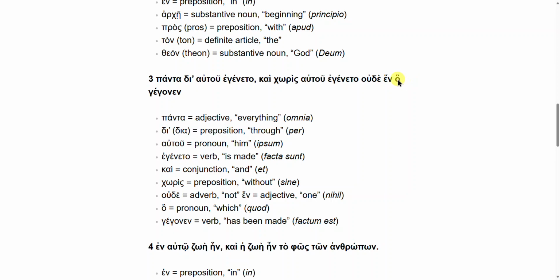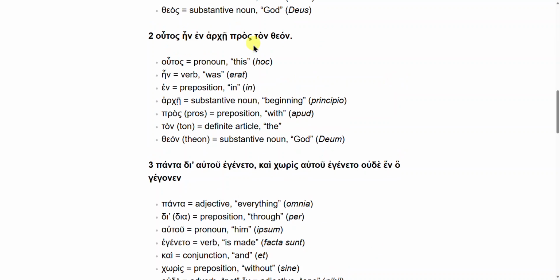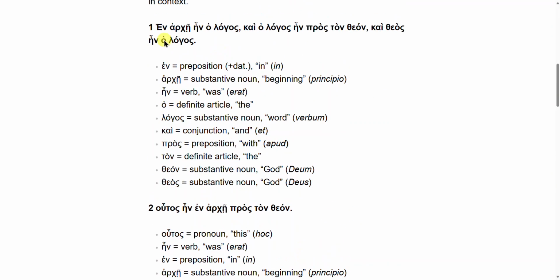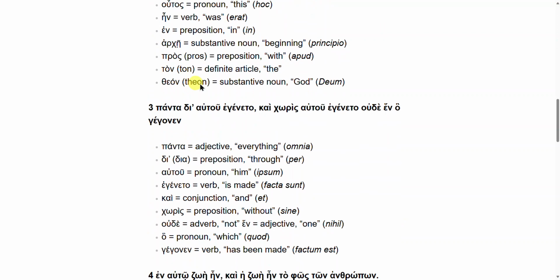So this ho and this ho, back in verse 1, are two different words. This is the definite article. This is a pronoun. Now that's some annoying, tricky stuff for beginners, but you'll get used to it over time. And you'll learn that in Greek grammar. So ho, which, and then we have gegonen, which is a verb that translates as has been made.